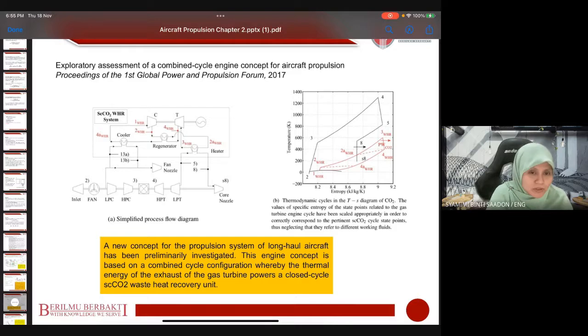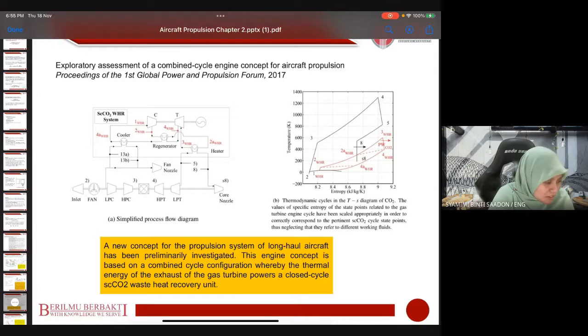WHR is waste heat recovery. So the system of this supercritical carbon dioxide, the process, is the same as ORC just now, with regenerator.